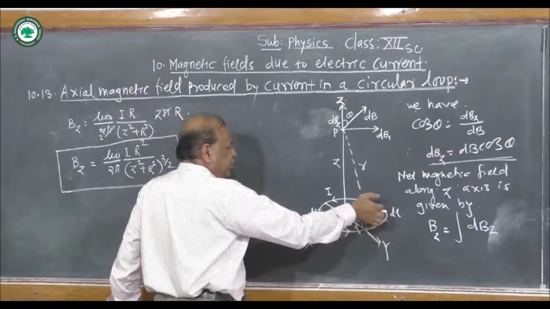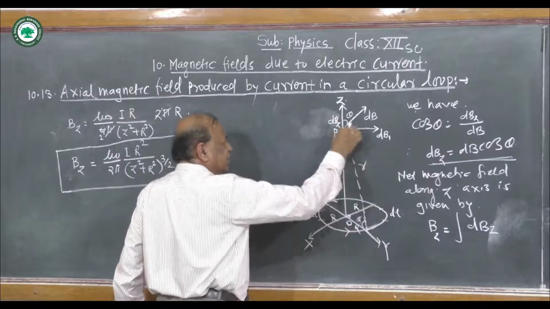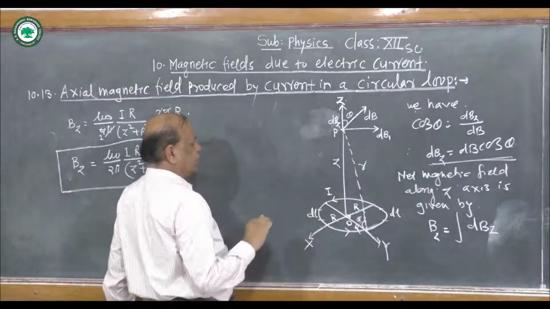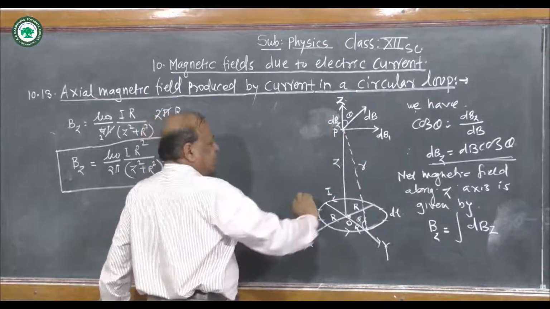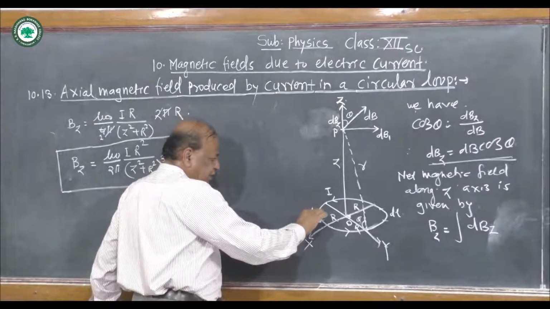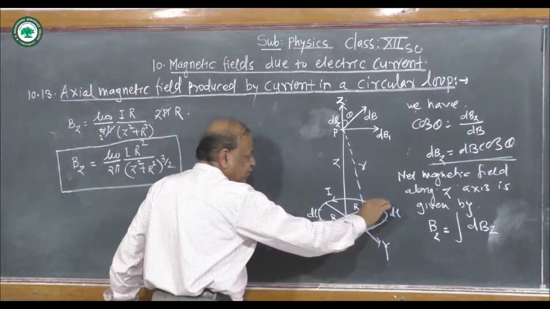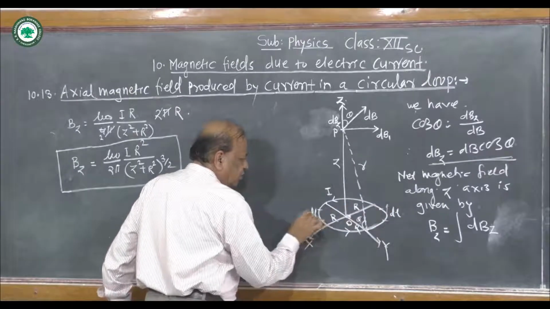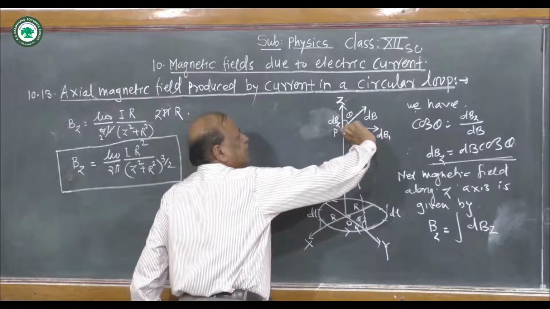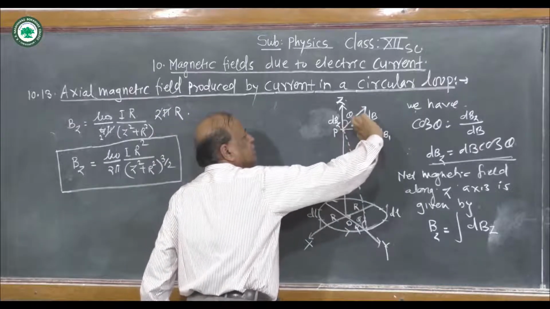Whatever the element dl, its distance from the point will be r. Now consider this element dl; the direction of the magnetic field is along this direction.